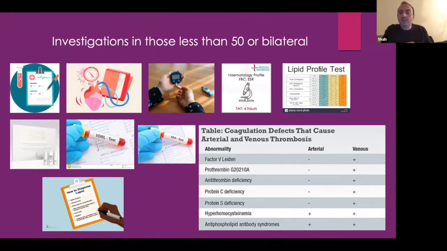And then you do essentially a coagulation screen, and that will look at lots of different things, protein C and S deficiencies, factor V Leiden, antiphospholipid antibodies, and so forth. So the investigation of these patients is completely different.